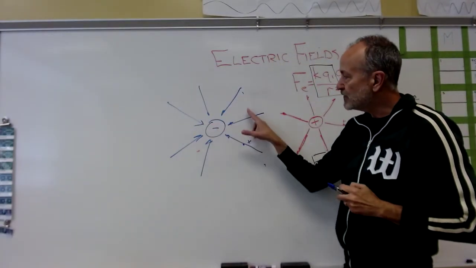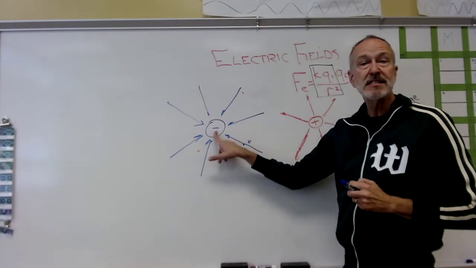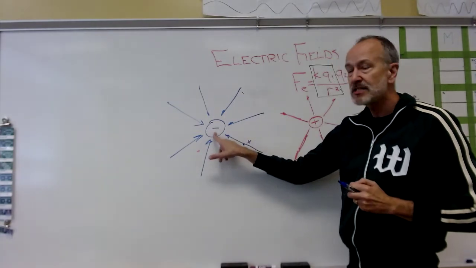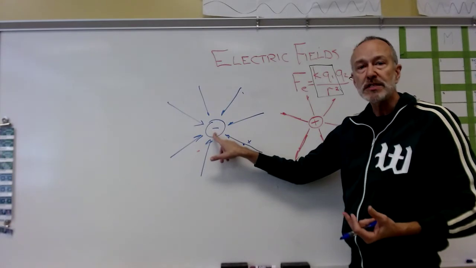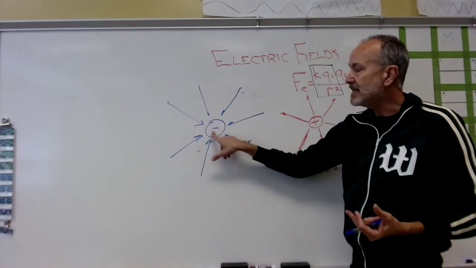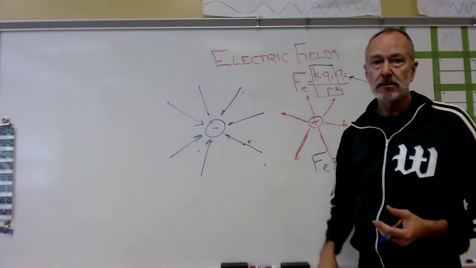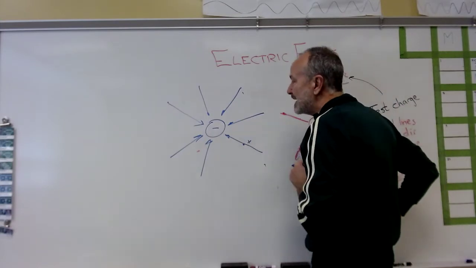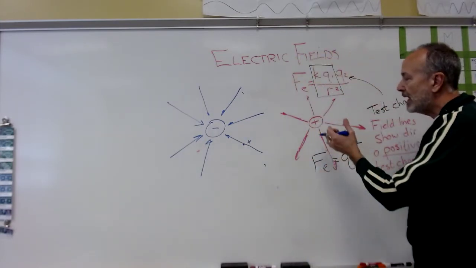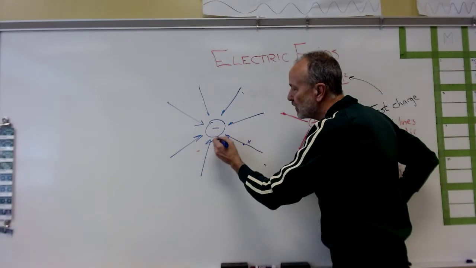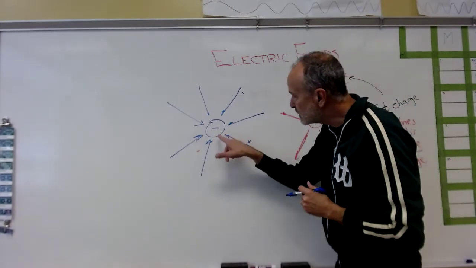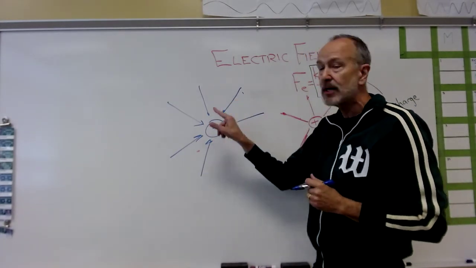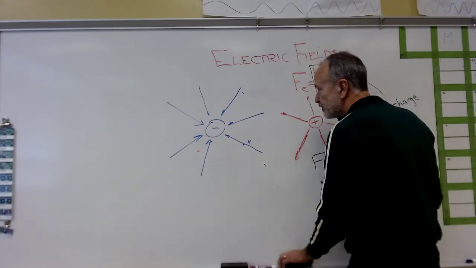Once again, these field lines are in reference to this thing. It's basically saying what forces are going to be caused by this when you put something in there. So the field lines go in towards negatives, and they go out from positives. You can't have a field line coming out from a negative, because if I put a positive test charge there, it would get attracted. Okay?